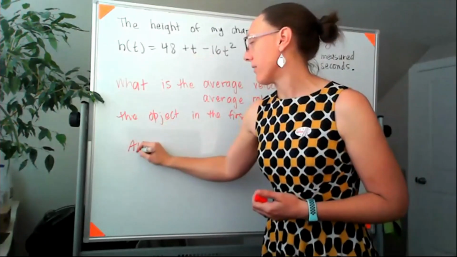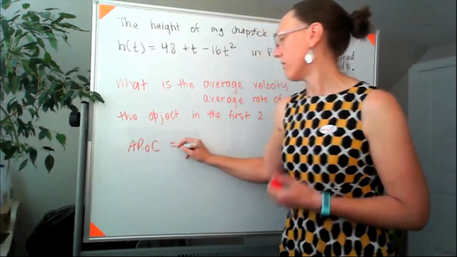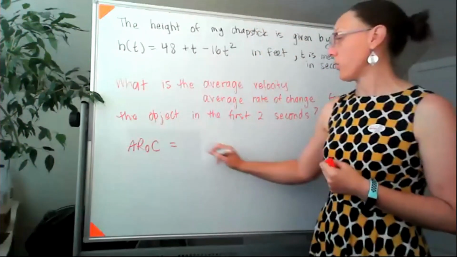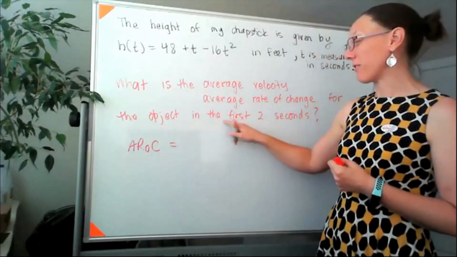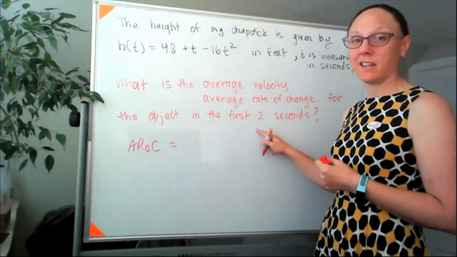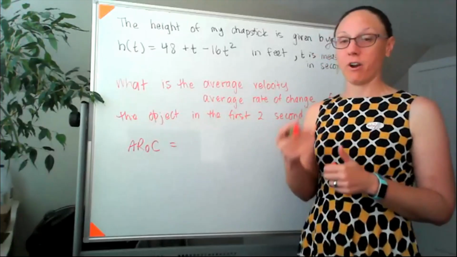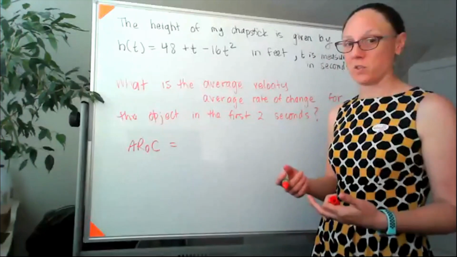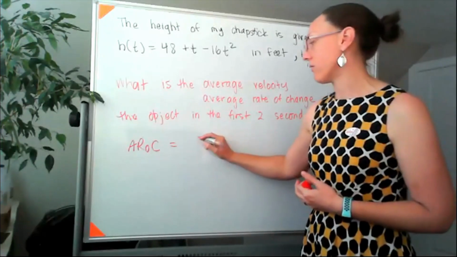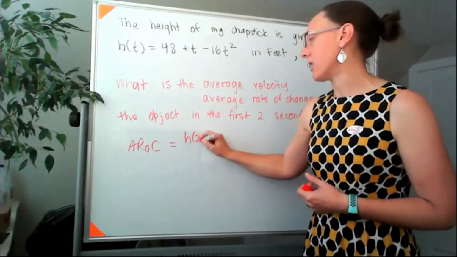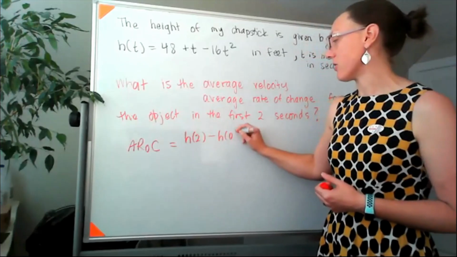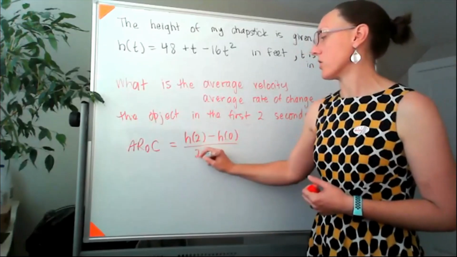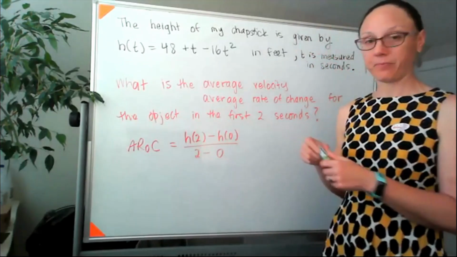My average rate of change formula, if we're talking about the first 2 seconds, is going from t equals 0 to t equals 2. So our average rate of change would look like h of 2 minus h of 0 all over 2 minus 0.